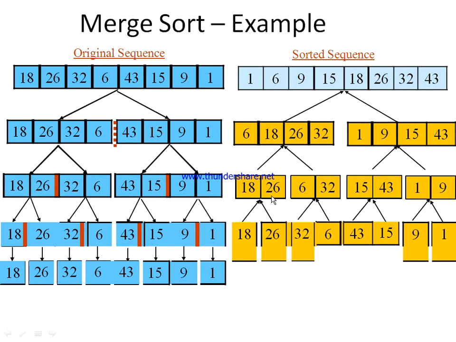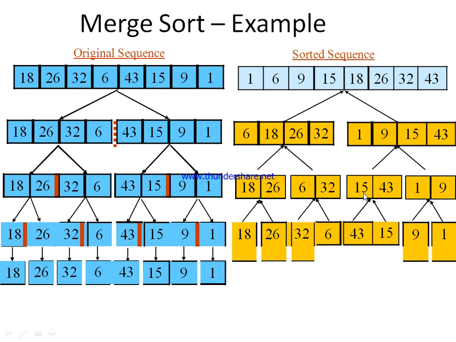Next 18 with 26, no swap. Then 26 with 32 and 18 with 32, so no swapping. And next go to the next 2 halves.